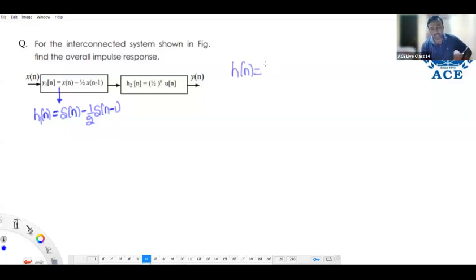H of n is h1 of n convolved with h2 of n. That is del n minus half del n minus 1 convolved with 1 by 2 whole power n u of n.